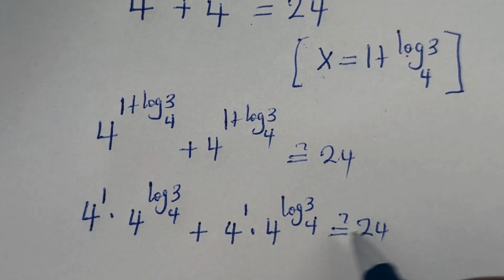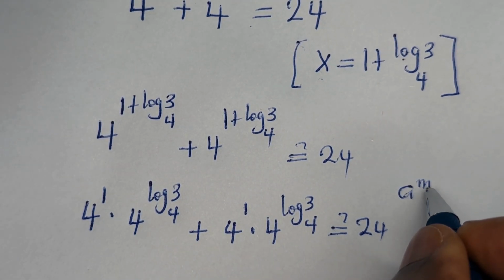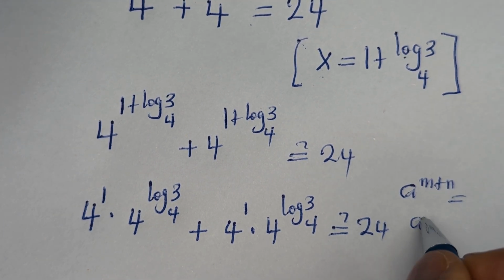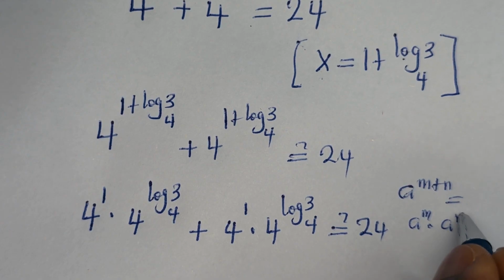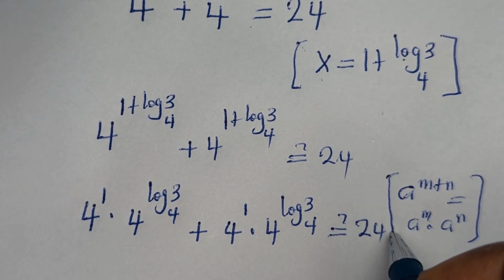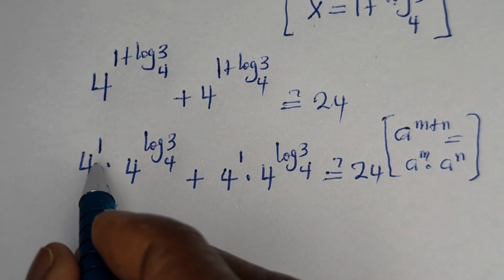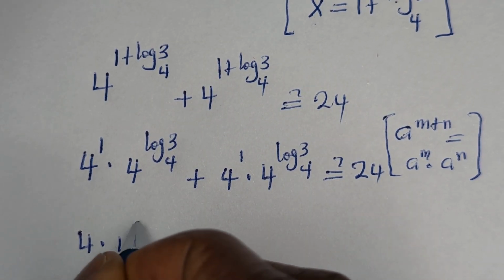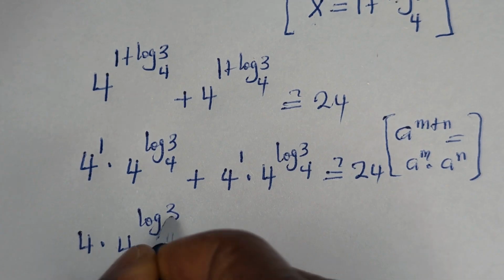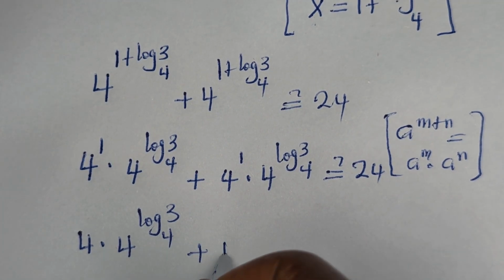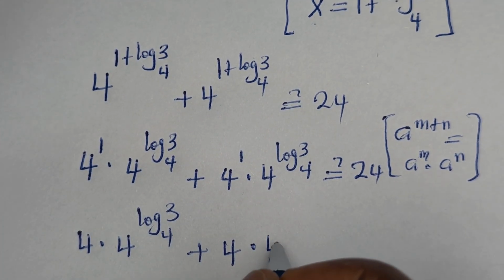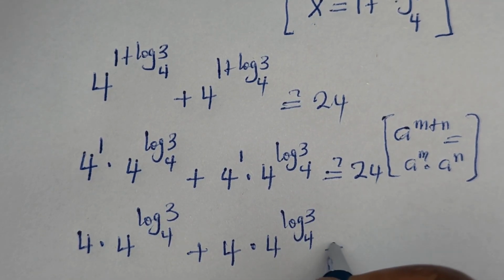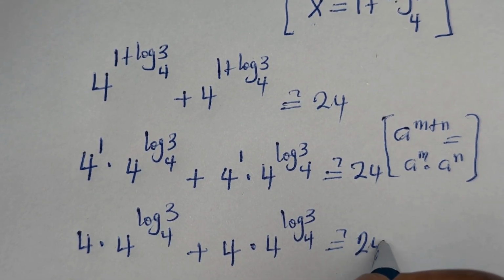That is, if you have a raised to power m plus n, this is equal to a raised to power m multiplied by a raised to power n. Then here 4 raised to power 1 is 4 multiplied by 4 raised to power log 3 base 4 plus 4 multiplied by 4 raised to power log 3 base 4 must be equal to 24.